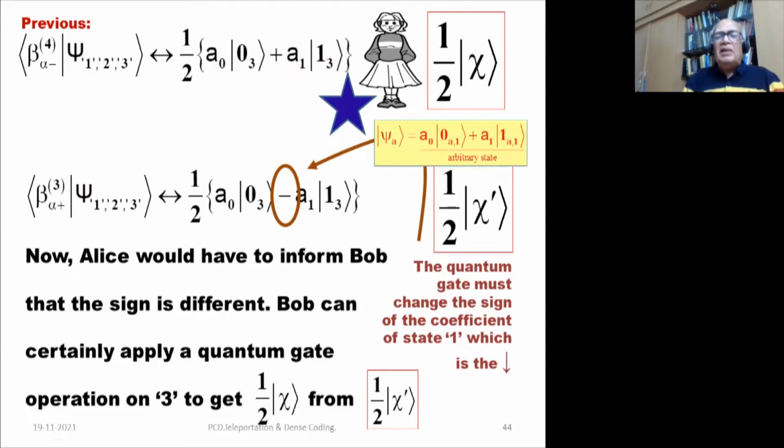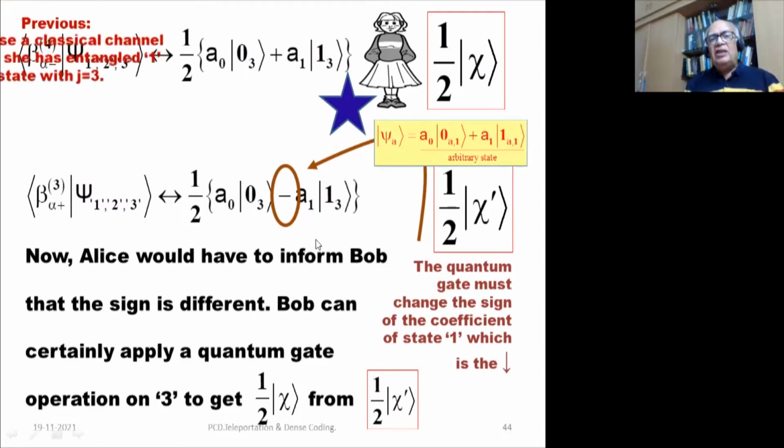So Alice must inform Bob as to which particular Bell state she has entangled qubit 1 and qubit 2 in. She must inform Bob that this time she has not entangled them in Bell state number 4. Rather, she has entangled 1 and 2 in Bell state number 3. And that means that there is going to be a phase change over here.